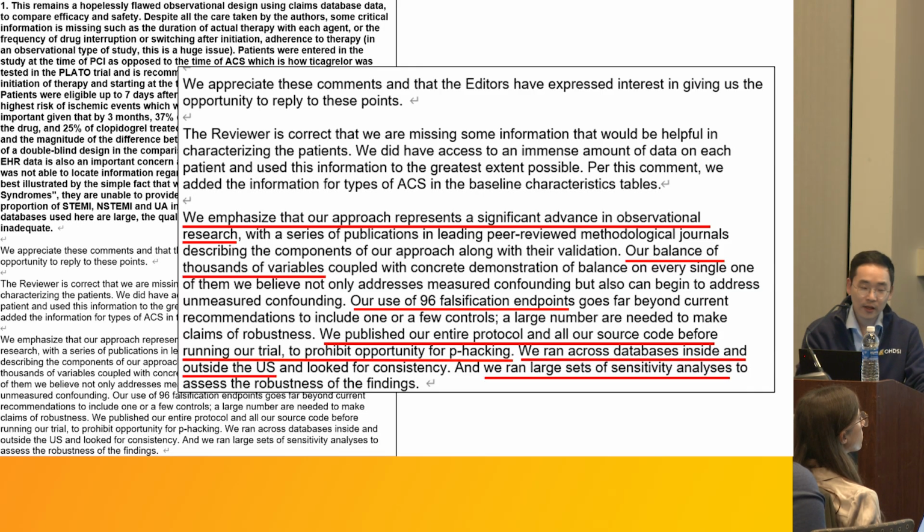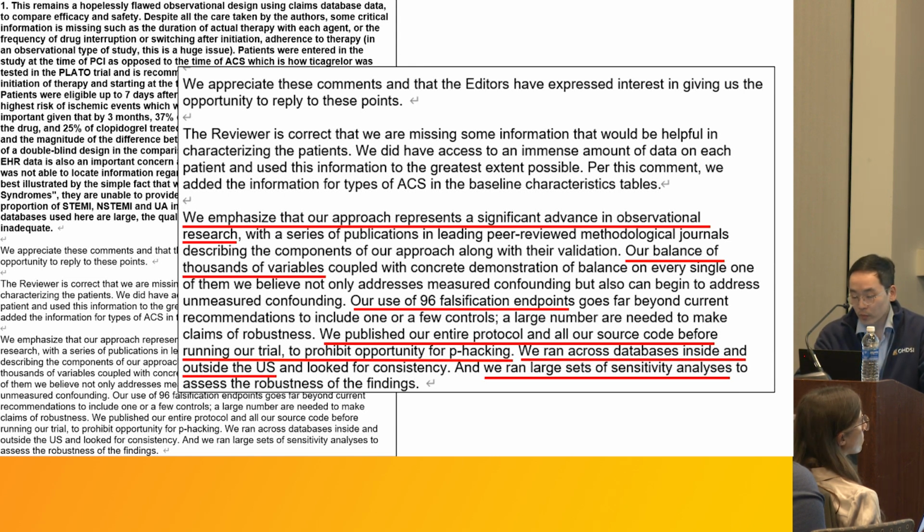And how did I argue against the reviewer? I emphasized that our approach represents a significant advance in observational research. We balance thousands of variables. We use over 90 falsification endpoints, or negative control outcomes.